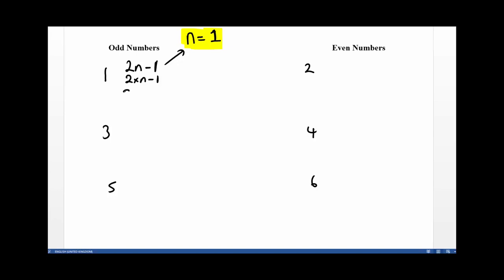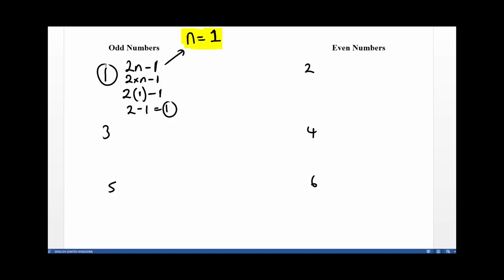Let's do this. So 2, open brackets, because you should know how to do BIDMAS by now. I'm going to replace that n with the number 1 because that's what it says is equal to. Take away 1. 2 times 1 is 2. Take away 1 equals 1. So now 1 tallies with that one here, look.